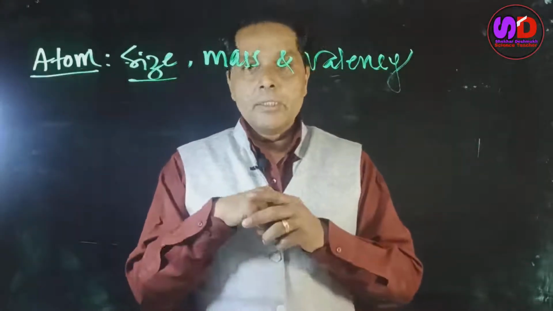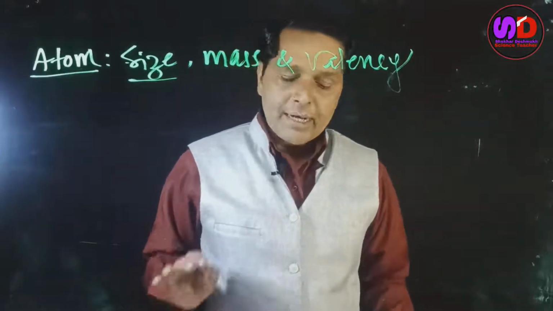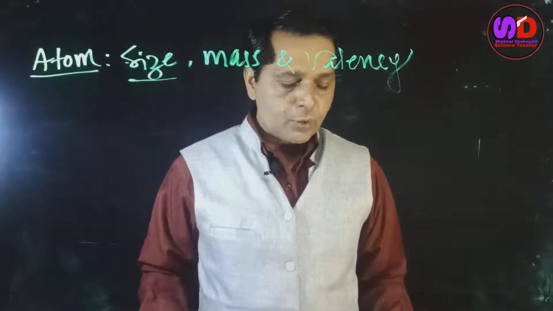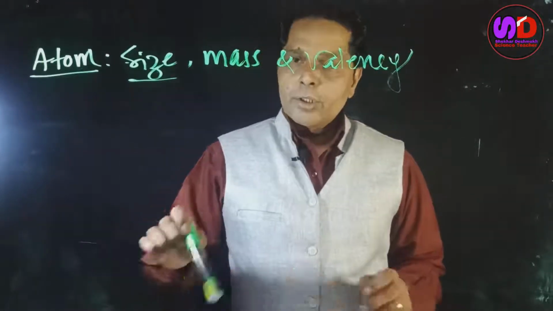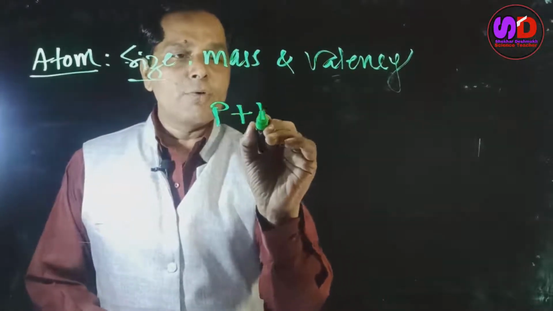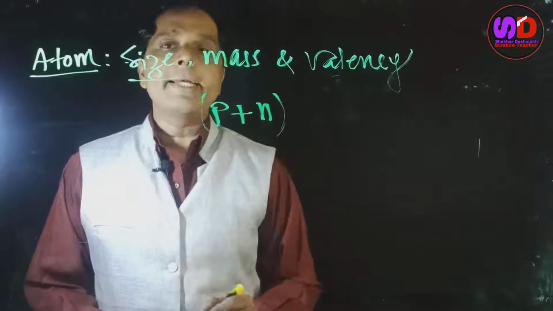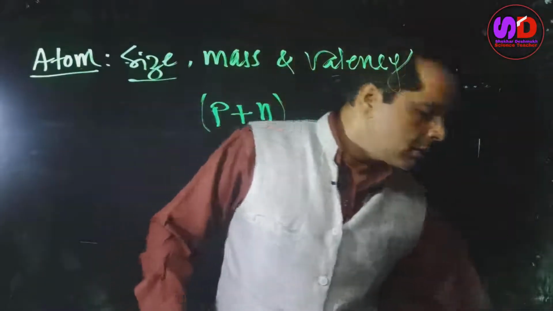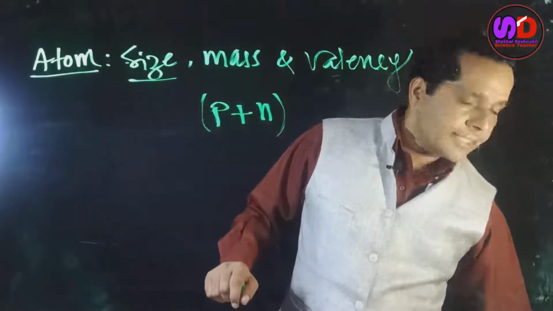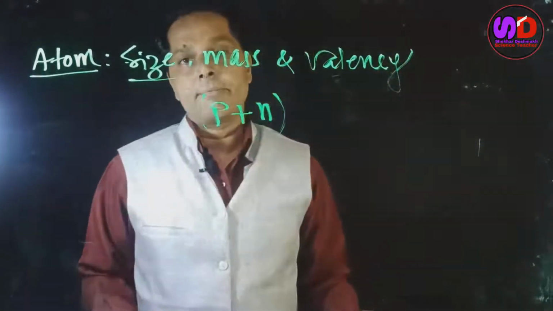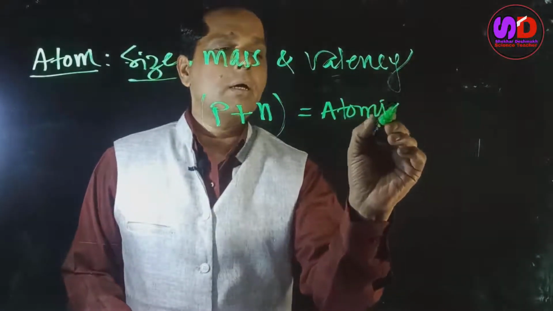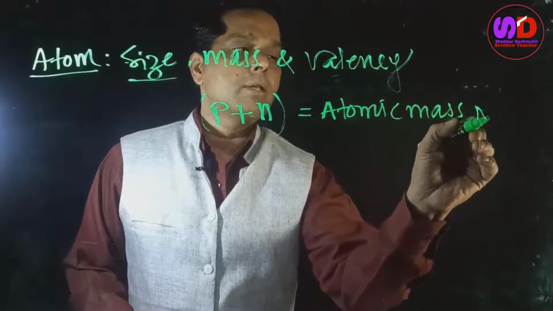But the mass of electrons is negligible, so the massive particles are protons and neutrons, which are present inside the nucleus. So the number of protons plus the number of neutrons is called the atomic mass number.